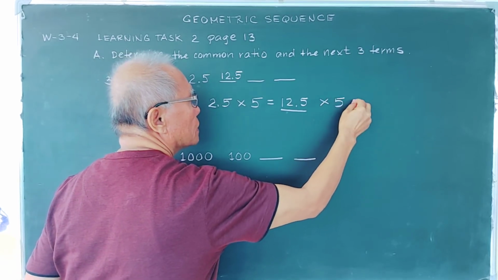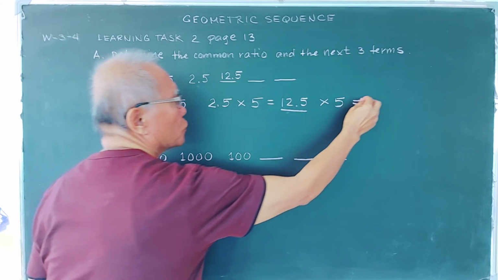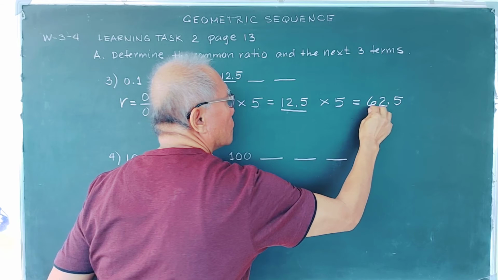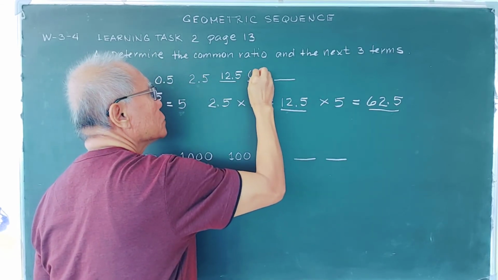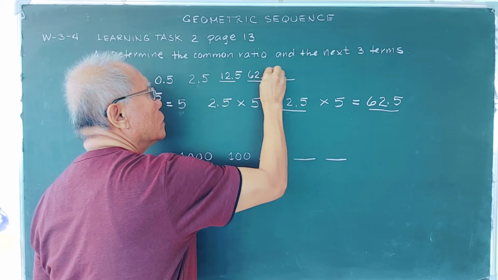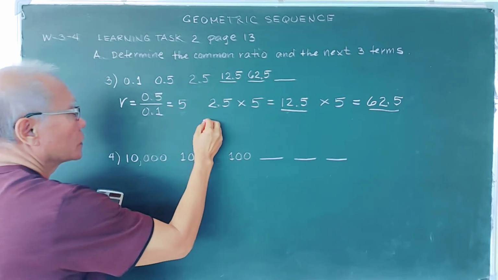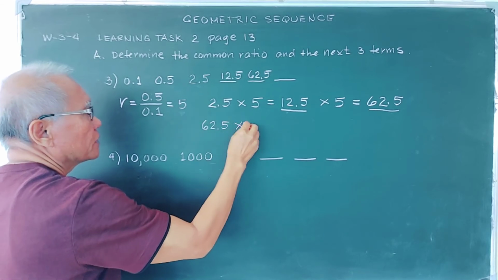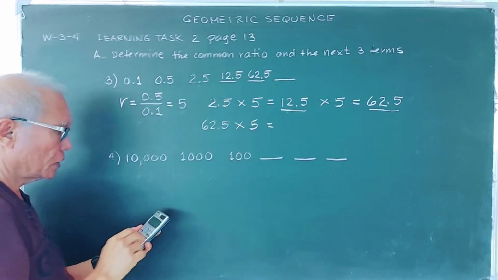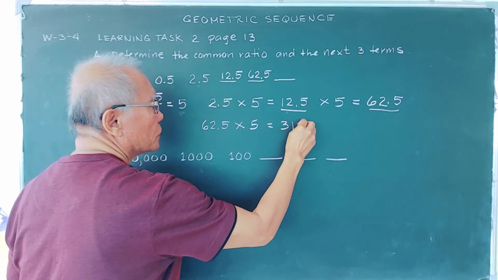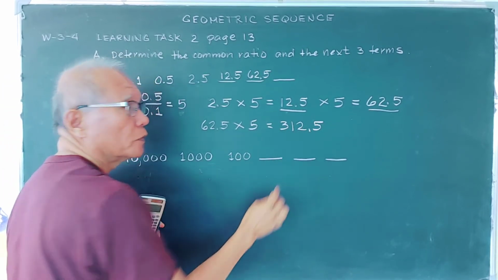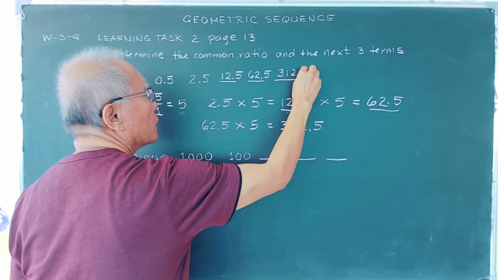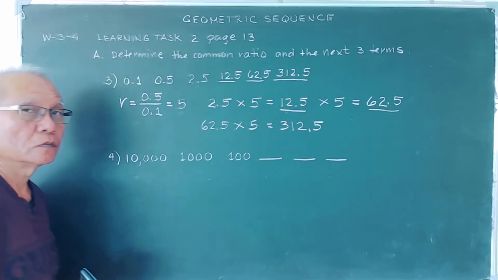Times 5 is 62.5. So, ito ay 62.5. Sulat ko ulit yung 62.5 times 5 ulit is 312.5. So, ito yun, 312.5. That is number 3.